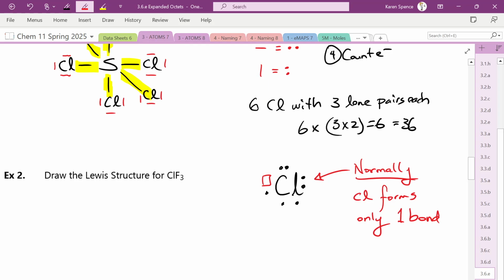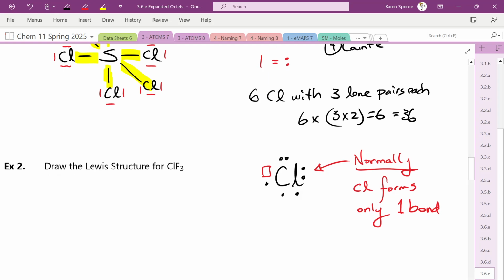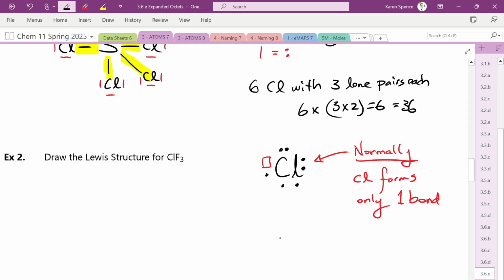But who's our other choice? Who else could be in the middle? Fluorine? Fluorine only ever forms 1 bond. There's no exceptions. Nothing else. So that means chlorine is our only option. Has to go in the middle.